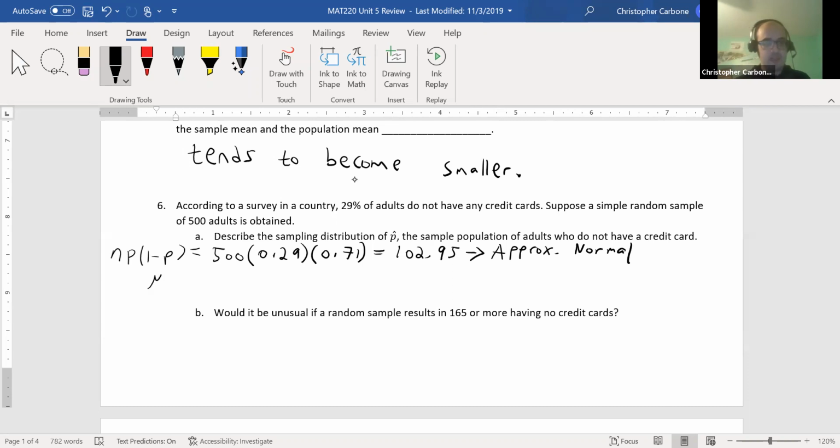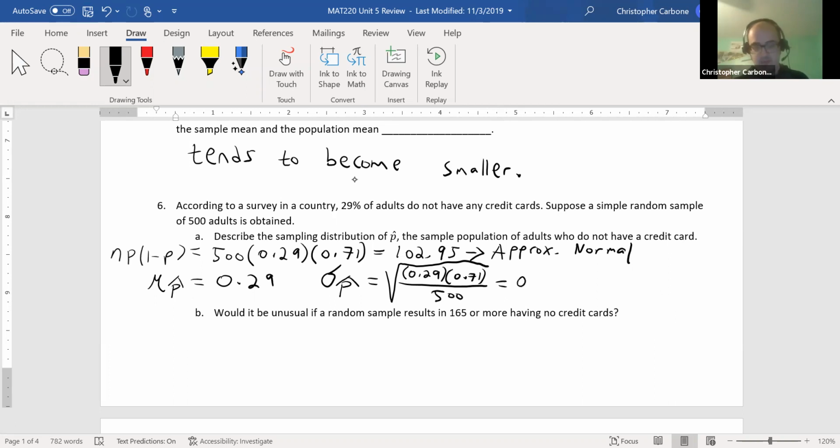The mean of the sampling distribution of the sample proportion will be 0.29. And the standard deviation of the sampling distribution of the sample proportion is going to be the square root of 0.29 times 0.71 divided by 500.